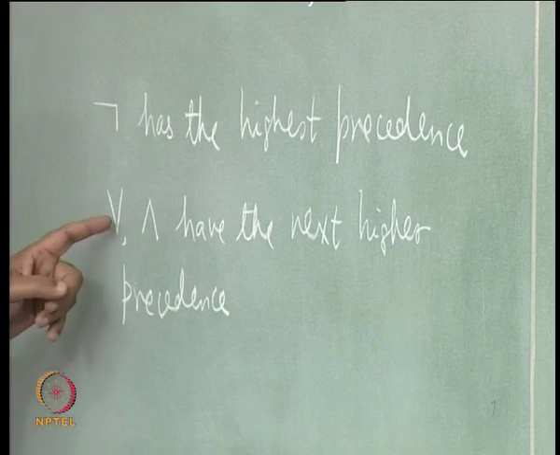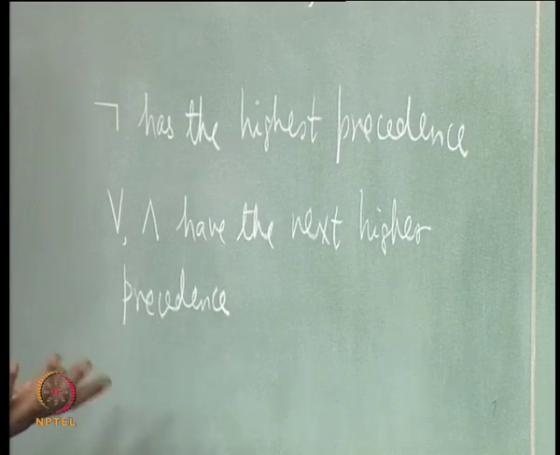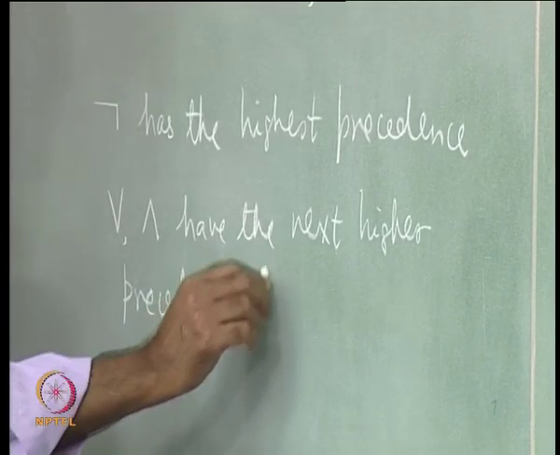Once we say both of them have the next higher precedence, what about comparing between them? We will put them at equal precedence. You see that parentheses are not altogether eliminated, some might still be there.